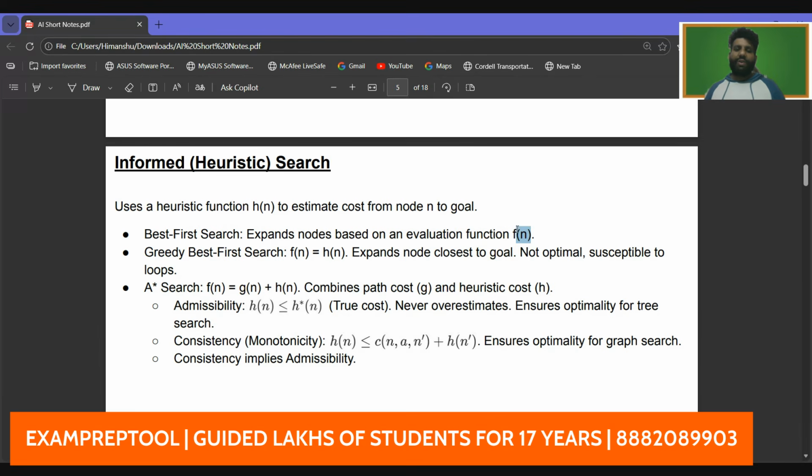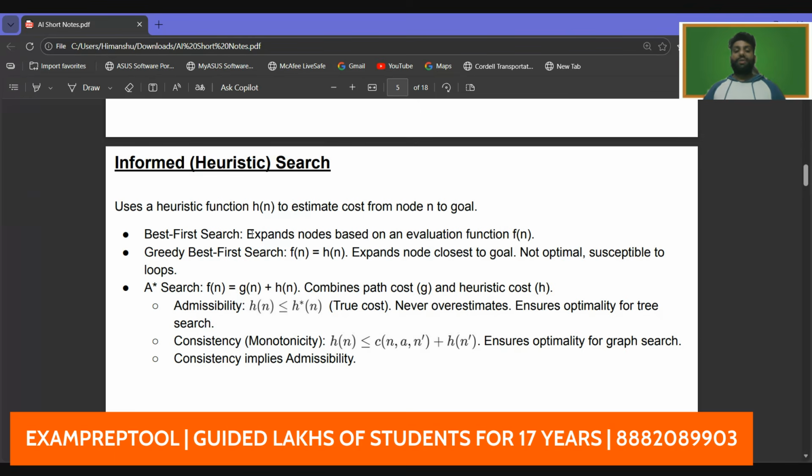Whatever f(n) tells, best first search uses that. Best first search is an overall idea, a higher category. Within that we have some variants. Wherever the f(n) value is lesser, we go by that particular node to be explored.